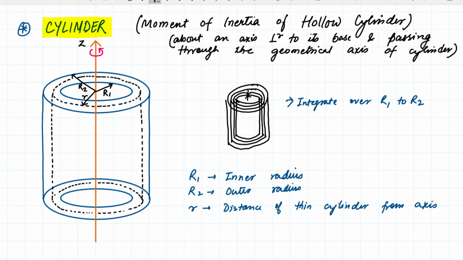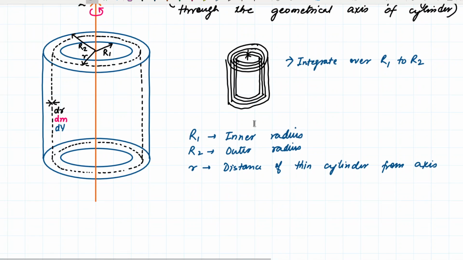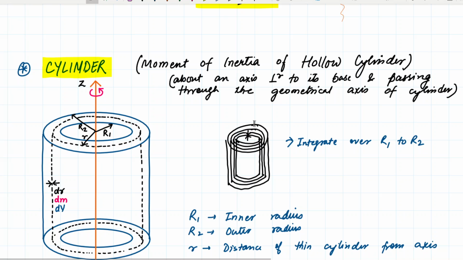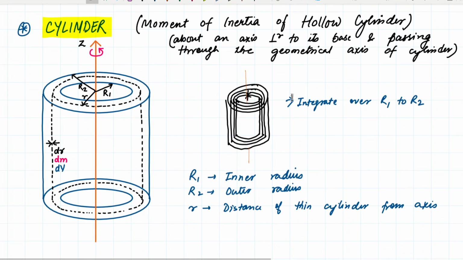Let's suppose that the width of this extremely thin cylinder is given by dr. It has a mass of dm and a volume of dv. So let us calculate these quantities now. Have you understood the setup, what we are going to do here? Yes, sir. Okay, so you have understood what we are trying to do.